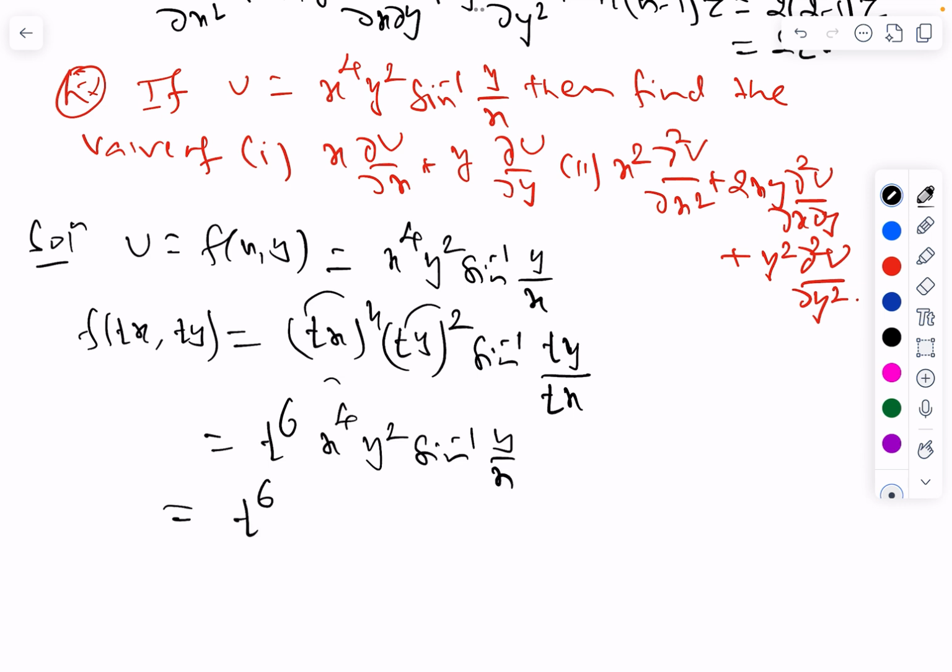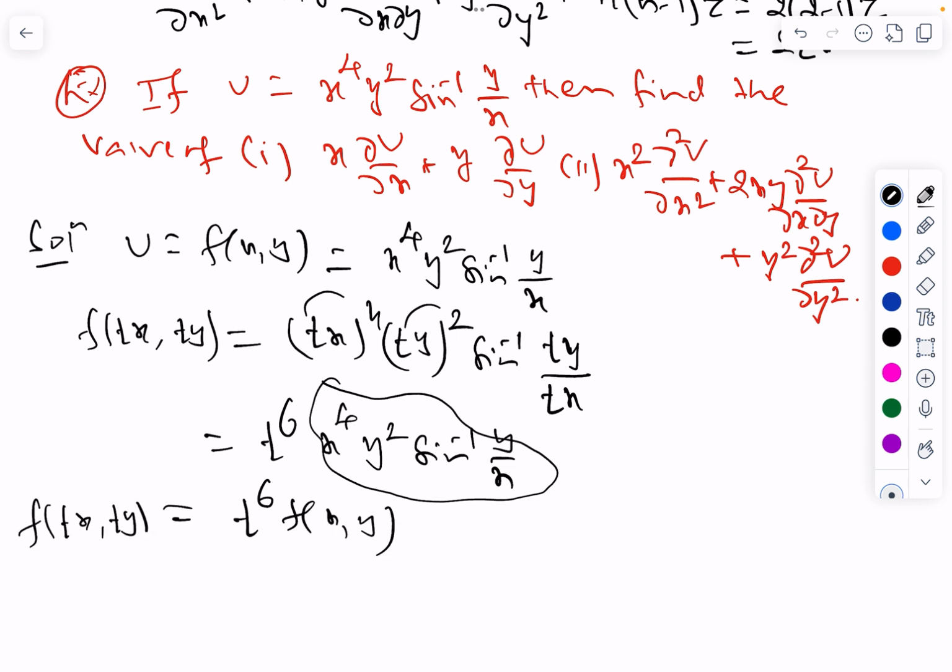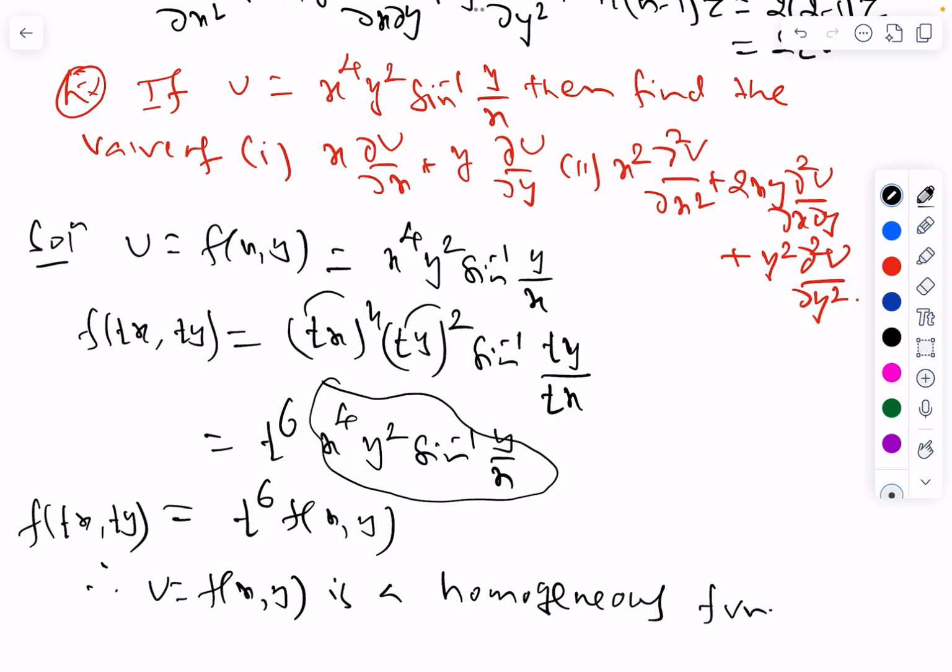So this is t⁶ into f(x,y). So therefore, u equal to f(x,y) is a homogeneous function of degree 6 in x and y.